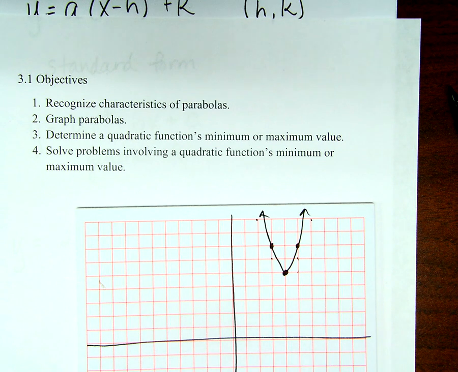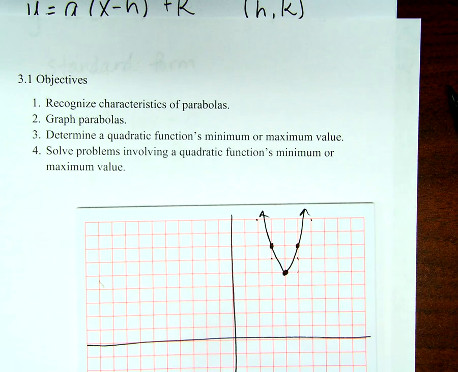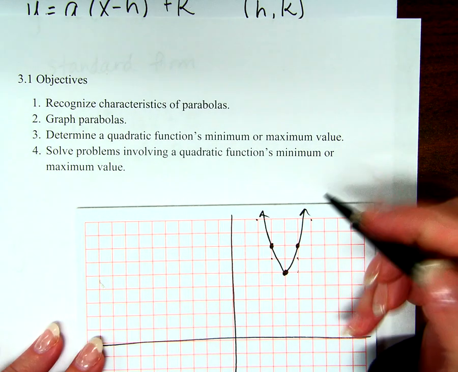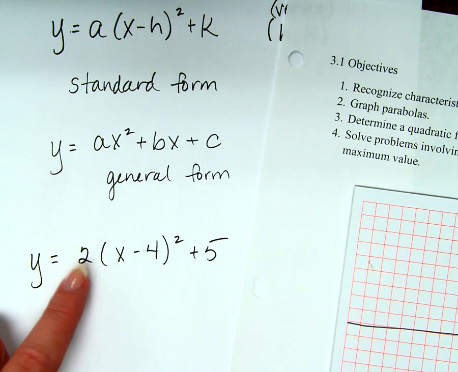What other characteristics do we care about? Well, we care about its general shape, right? First of all, we care if it's opening up or down. We care if it's narrower or wider than a parent function parabola, right? Because if it's a parent function parabola, that means there's not a multiplier on the front at all.